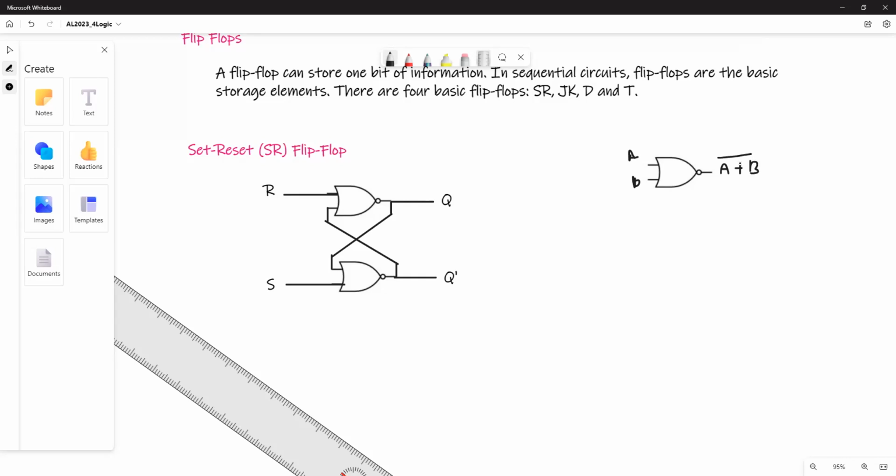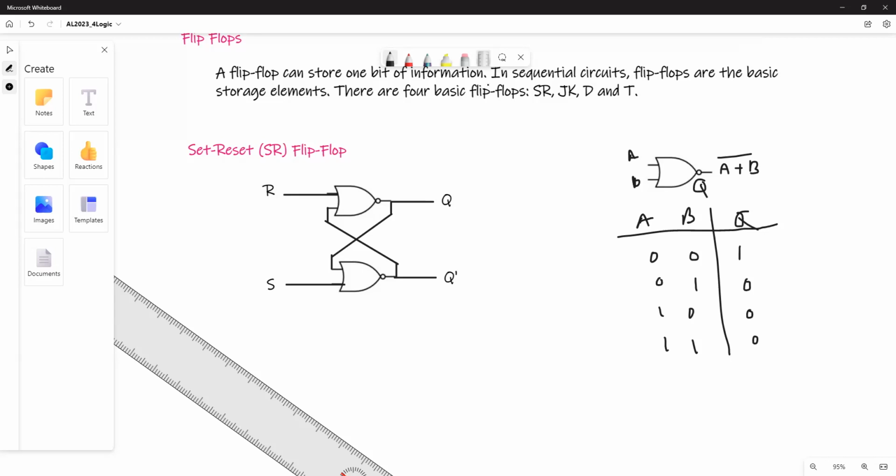And let's say this is Q. If you have A input, B input, and Q output, it goes like 0, 0, 1; 0, 1, 0; 1, 0, 0; 1, 1, 0. Addition will be 0, but bar will be 1. Addition will be 1, bar will be 0. Addition will be 1, bar will be 0. Addition will be 1, bar will be 0. This is what you need to know to design the circuit.